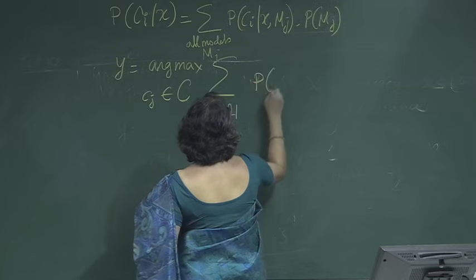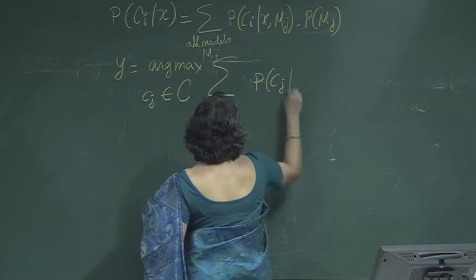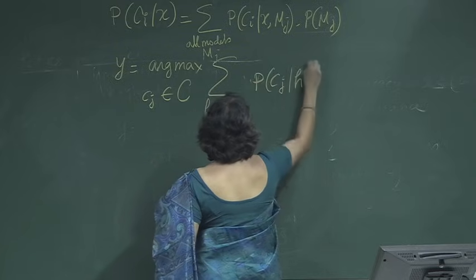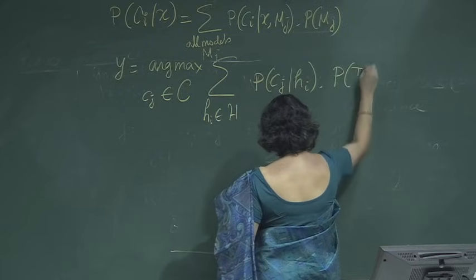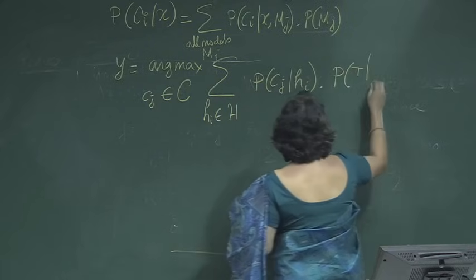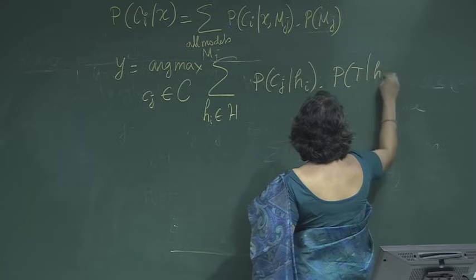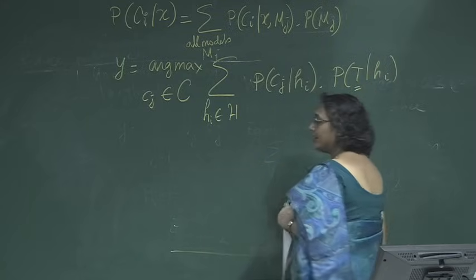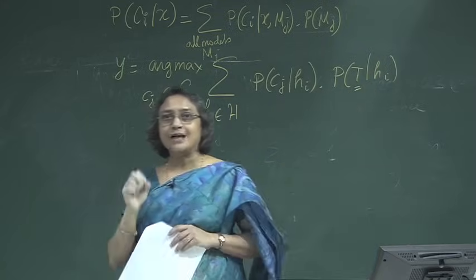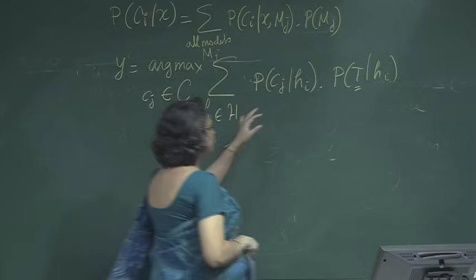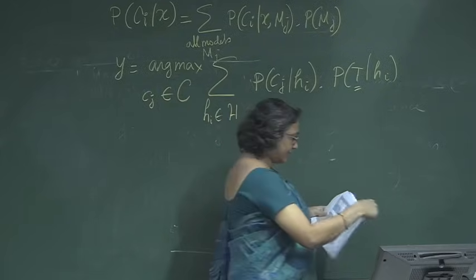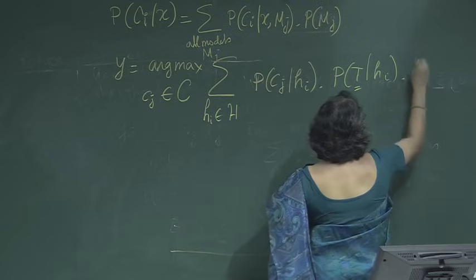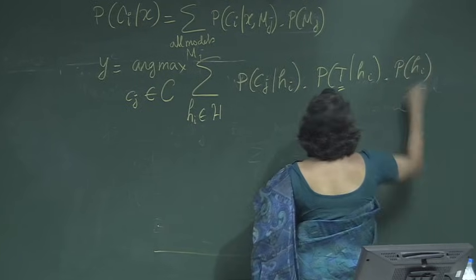And what is this expression? It is probability of Cj given Hi times probability of T given Hi, where T is the training data, which is the sample that we have, times the prior probability of Hi, right.